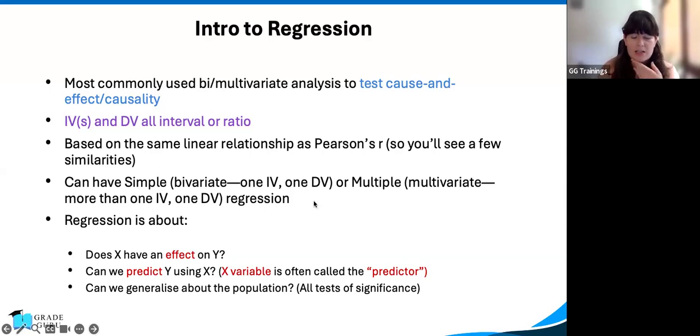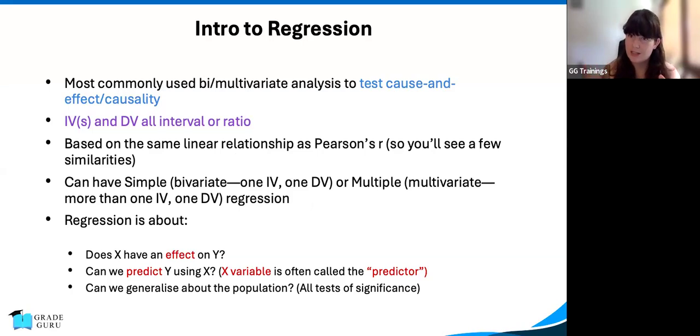Now, regression at its most basic form. This is really important. For all the tests, actually, it's important to distill it to its most basic form. What is it testing? Regression asks: does X have an effect on Y? The word effect is specific to regression. Another thing we do with regression, along similar lines: can we predict Y using X?